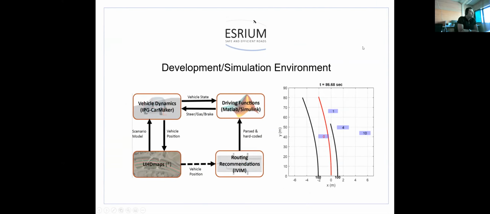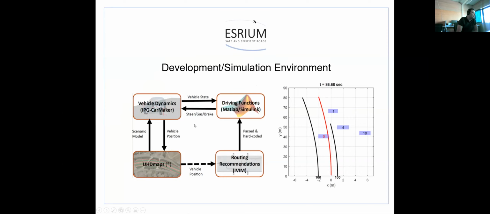Let me also briefly mention our development framework or environment. We performed our development in a simulation framework. It's a co-simulation framework composed of a vehicle dynamics simulator based on IPG CarMaker and the MATLAB Simulink environment for developing the driving functions.